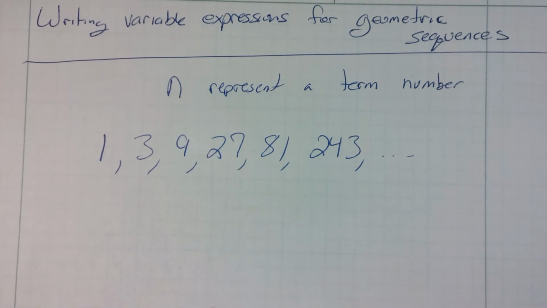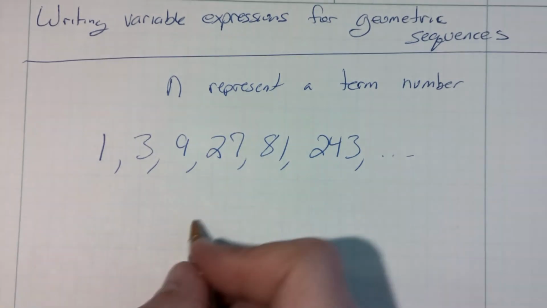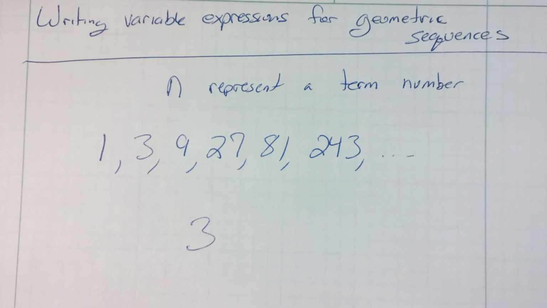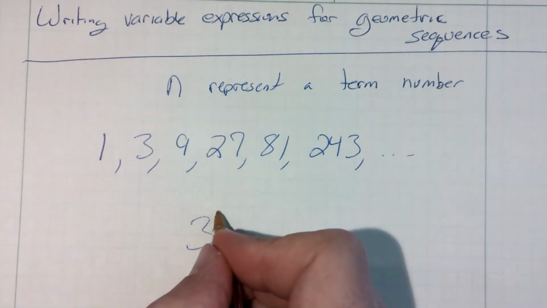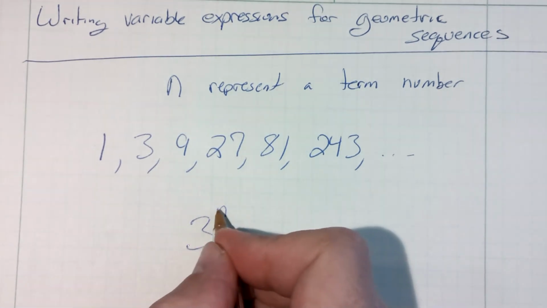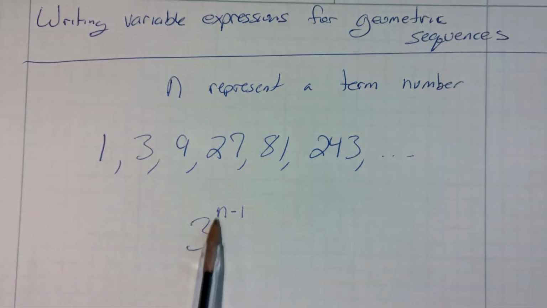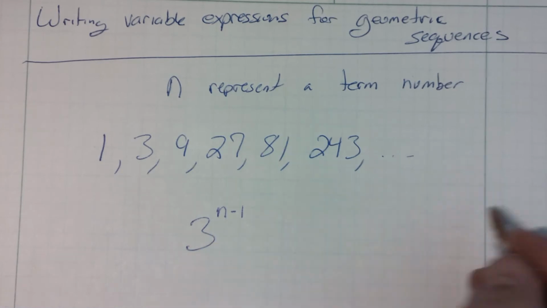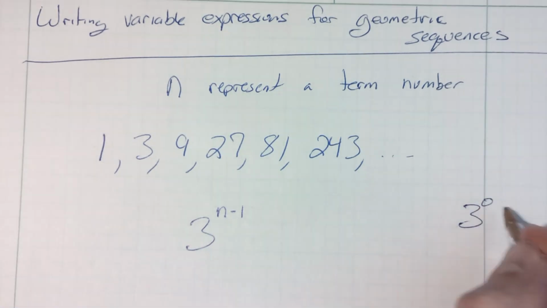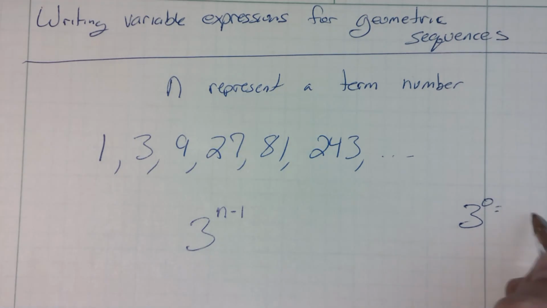So if you're multiplying by 3 a bunch of times, the easiest way to represent that is with an exponent. What we do is take 3, which is what we're multiplying by, and raise it to the exponent of n, and we put a -1 after it. There's a reason we put a -1 after the n. If you recall, anything raised to the 0 exponent is what? 1, right?